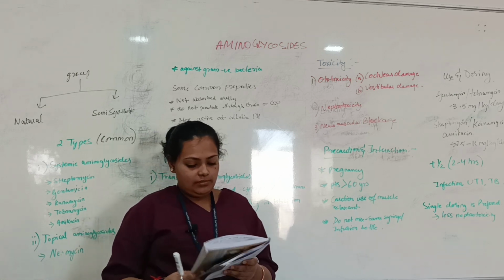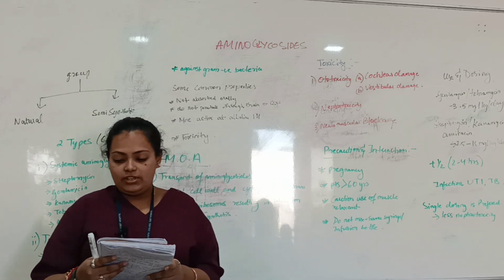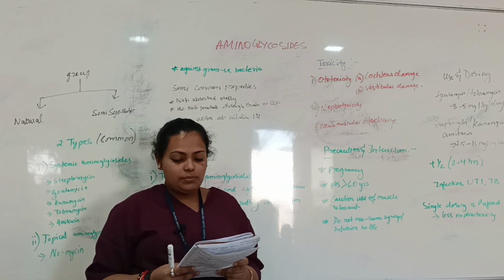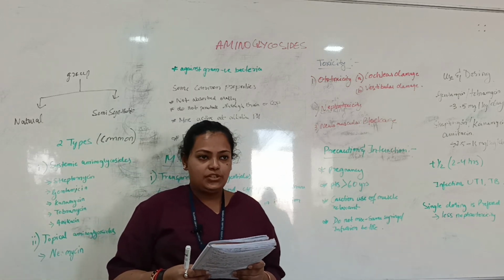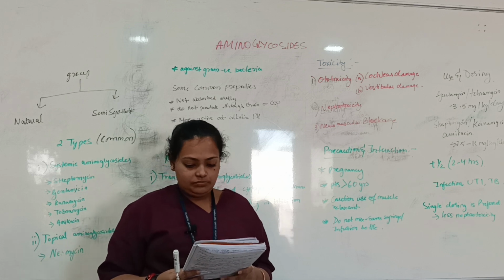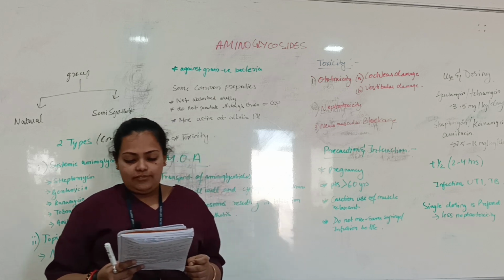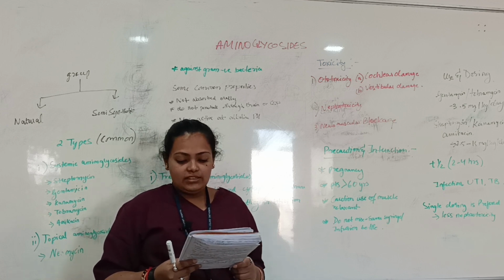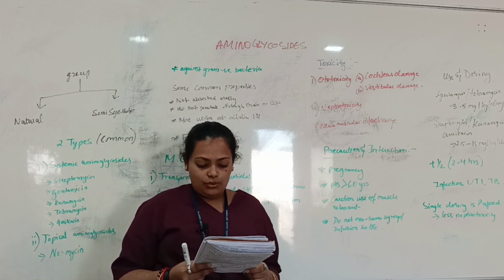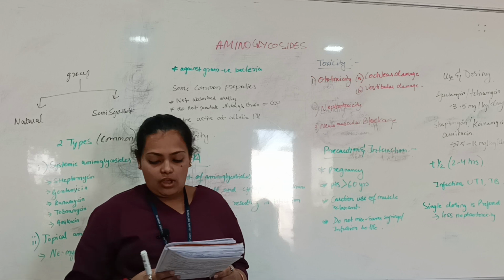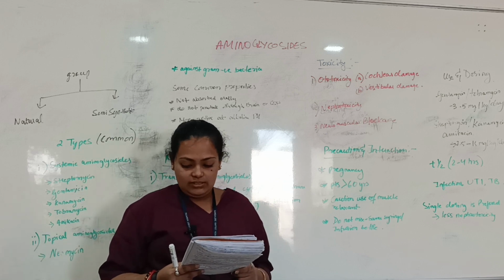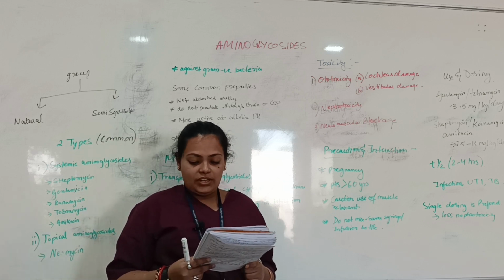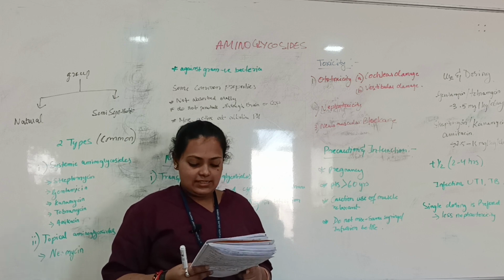The other two points are mutation, which decreases the affinity of ribosomal protein that normally binds the aminoglycosides, and decreased efficacy of the aminoglycoside transporting mechanism, either because the pores in the outer coat become less permeable or active transport is interfered with. This is not frequently encountered in the clinical setting.